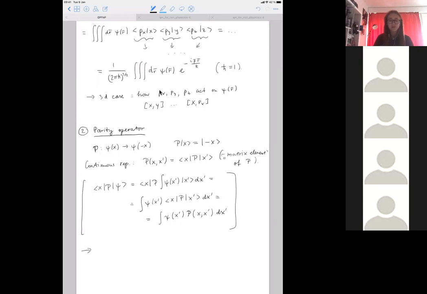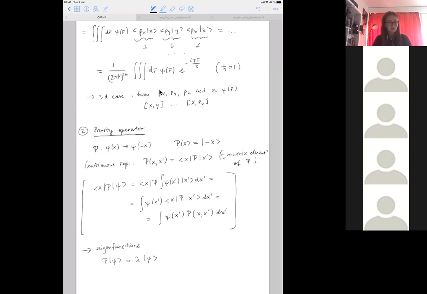A more interesting question is, why is this parity operator useful? For this, we need to look at its eigenfunctions. The eigenfunctions, or eigenstates, of the operator P would be those functions which, if you act on them with the operator P, you get them back with their corresponding eigenvalue lambda.